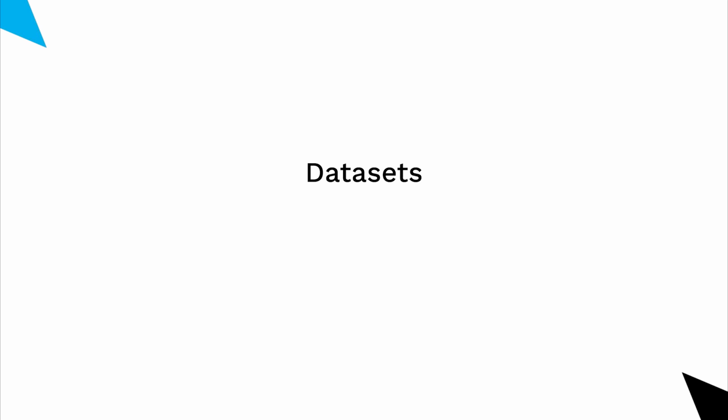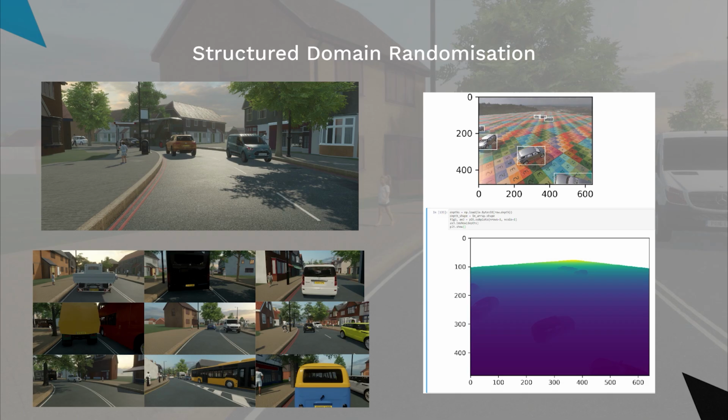So the first case being a recent dataset which focused on a technique known as structured domain randomization. Now, this is a very powerful technique for procedurally creating realistic representations of scenes, but also in a way that they can be completely randomized. Every time you roll the dice, you get a completely different scene.